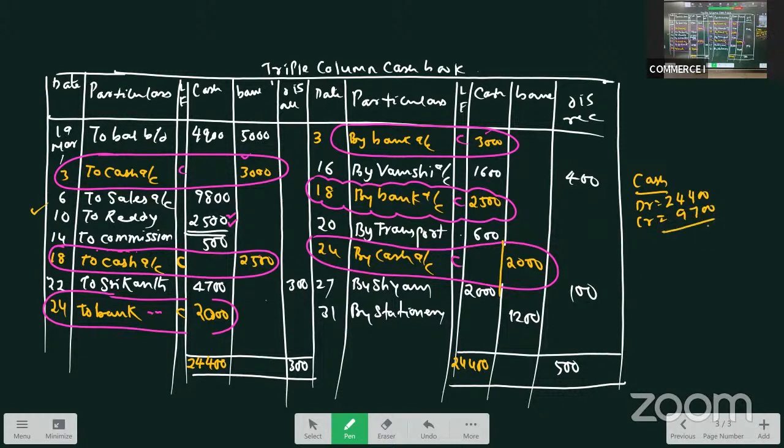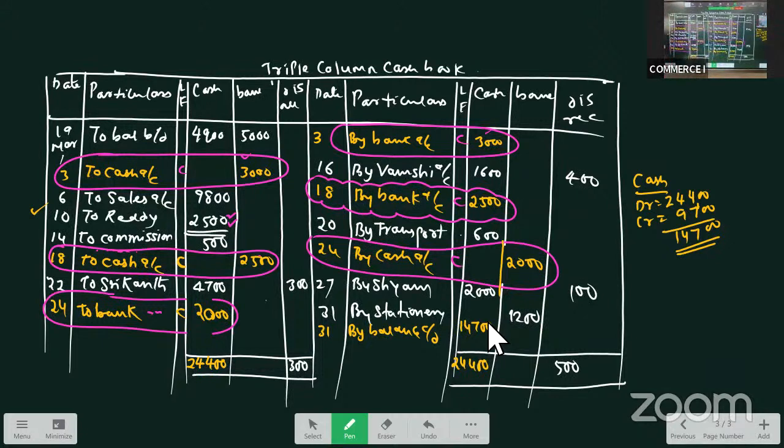So what is the balancing figure we'll have? 14 minus 7, 7. 13 minus 9, 4. It is 14,700. Okay. Cash balance is 14,700. That I'll write on the last date as by balance carried down in the cash column, 14,700.